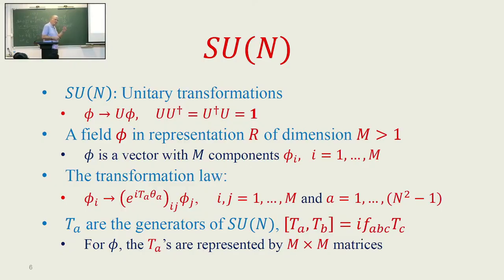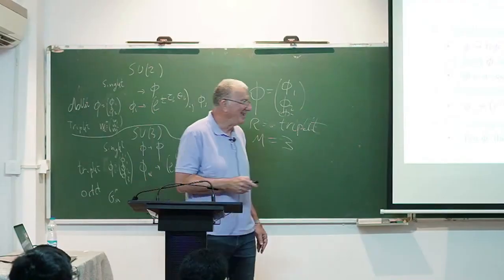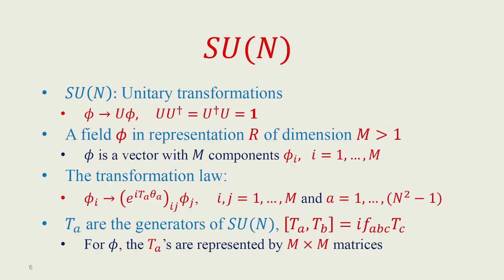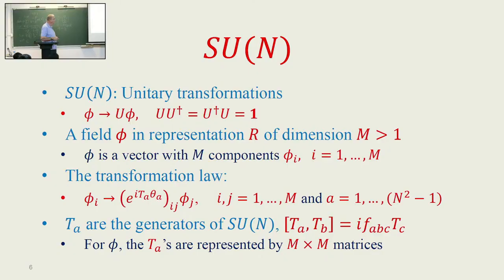Their size is m by m if they act on a representation of dimension m. If you're still able to follow me, then I can continue. So just another example, which is almost all we need. If we have SU3, n is 3, and we have a representation that is a triplet, so there is phi 1, phi 2, and phi 3, a column vector, then the number of Ta's is 8, 3 squared minus 1, we are talking about SU3, and if they act on the triplet, they are represented by 3 by 3 matrices.